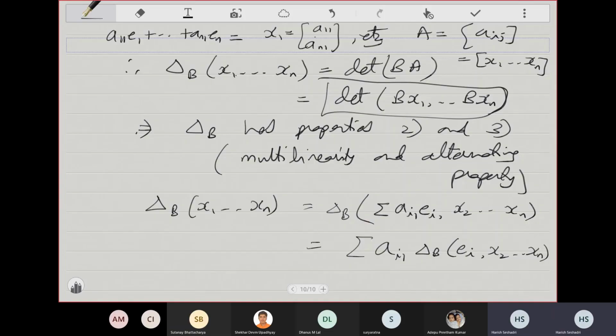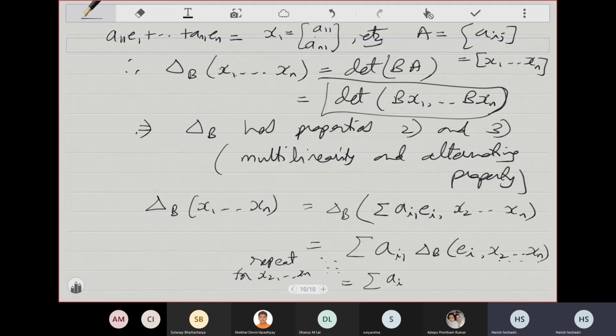And then you can keep repeating this. So repeating meaning what? Instead of x2, you would write it in terms of the basis vectors and the coefficients, some Ai's. Again, use multilinearity. Expand. So you do it for all x2 all the way up to xn. So after n steps, you will end up getting a sum.